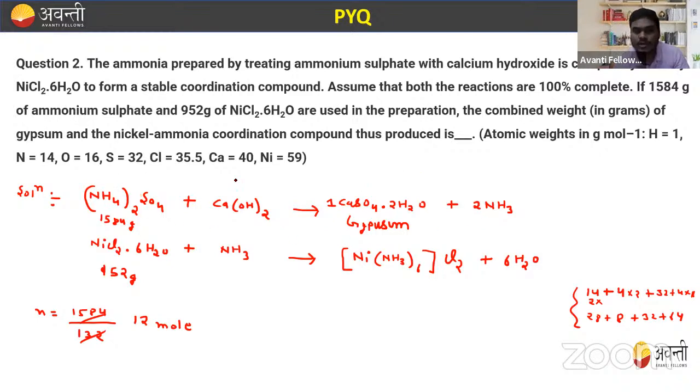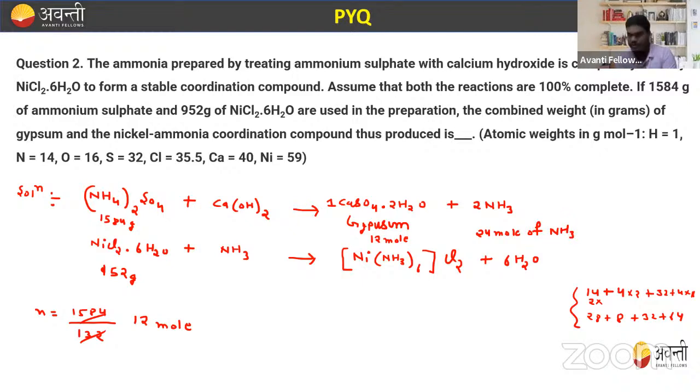So 12 mole of ammonium sulfate produce 24 mole of ammonia. I hope this is clear to you.